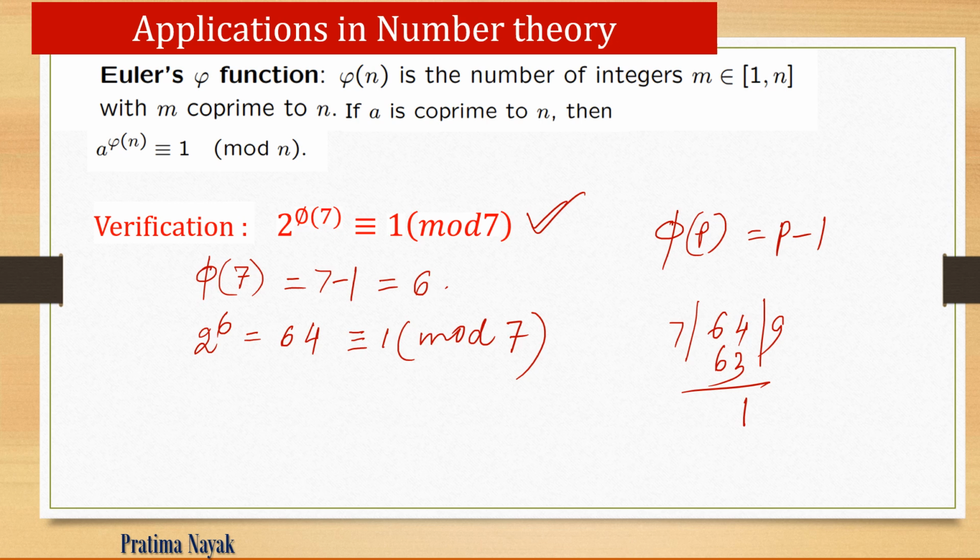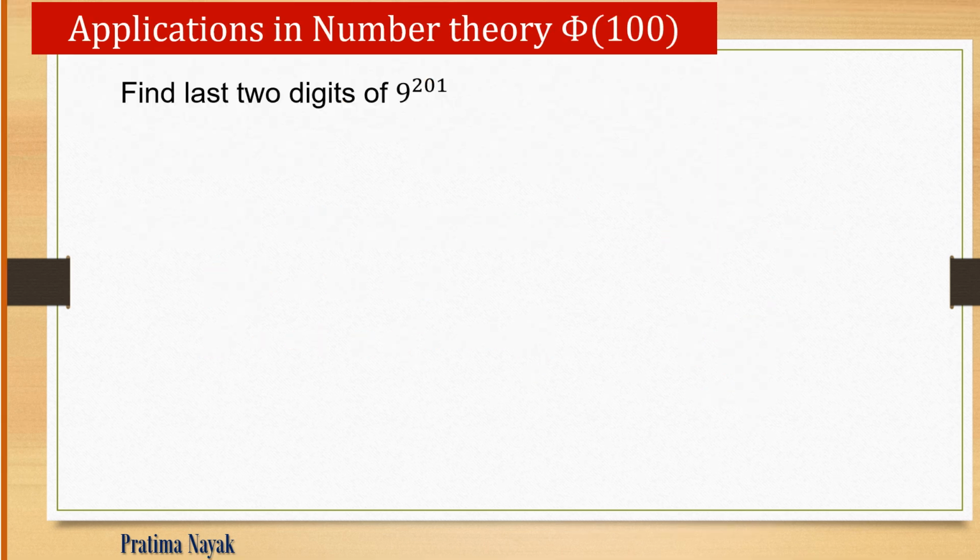We can take a very small example. The question is to find the last two digits of 9 power 201. We have to find the last two digits. That means we have to find the remainder when 9 power 201 is divided by 100.